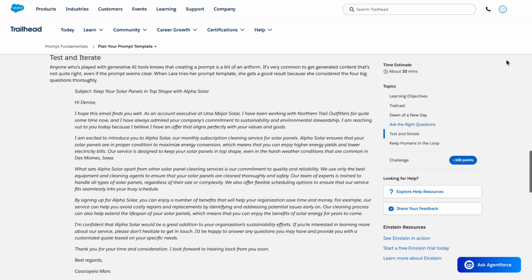By signing up for Alpha Solar, you can enjoy a number of benefits that will help your organization save time and money. For example, our service can help you avoid costly repairs and replacements by identifying and addressing potential issues early on. Our cleaning process can also help extend the lifespan of your solar panels, which means that you can enjoy the benefits of solar energy for years to come.